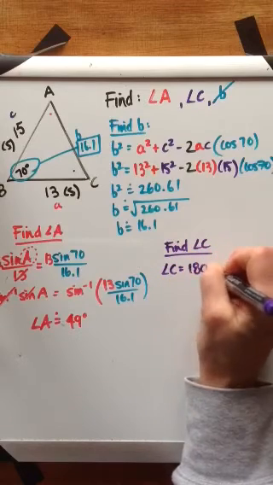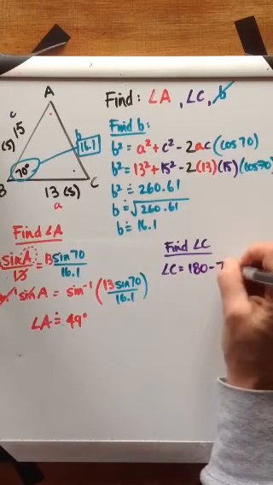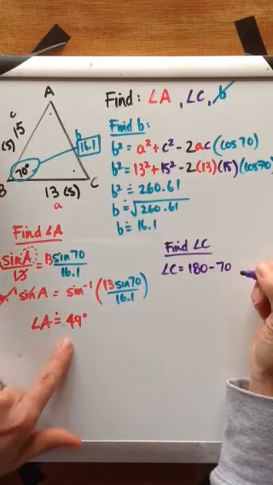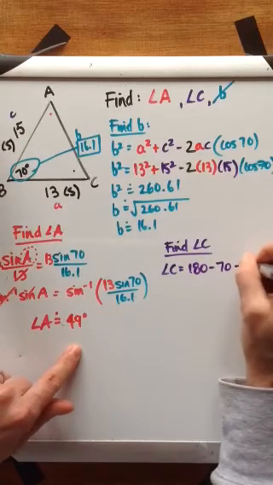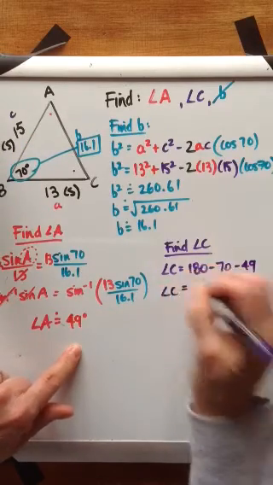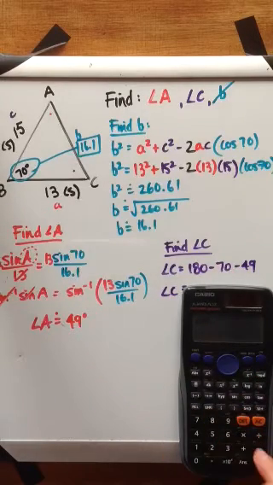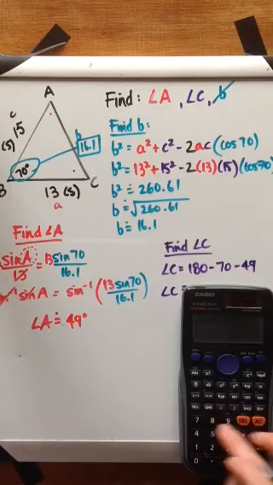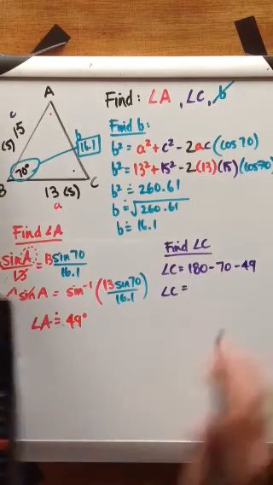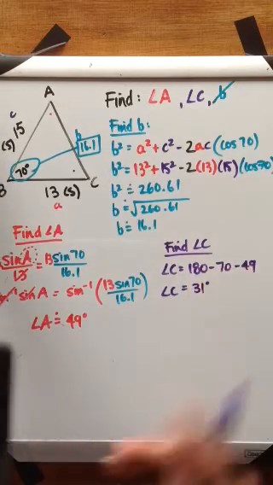So we can do 180 minus 70, which was given here, minus our angle A, which is 49. And we discover that angle C, if we punch it in, is equal to about 31 degrees.